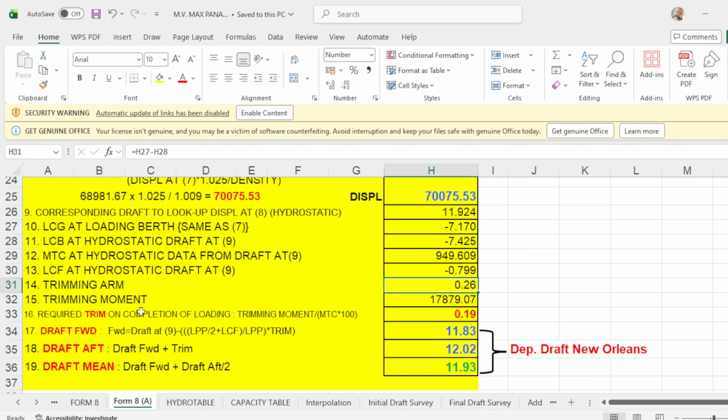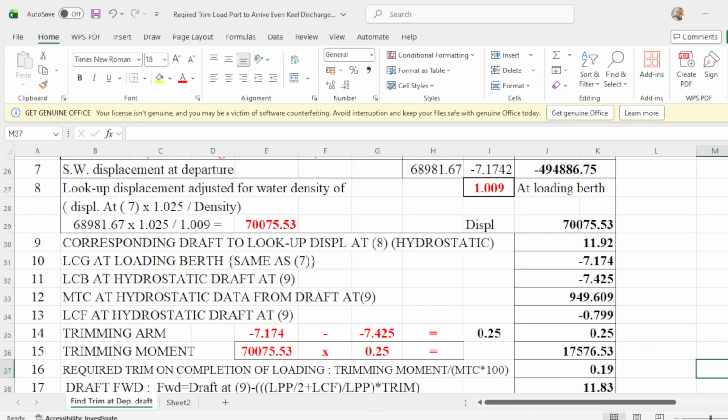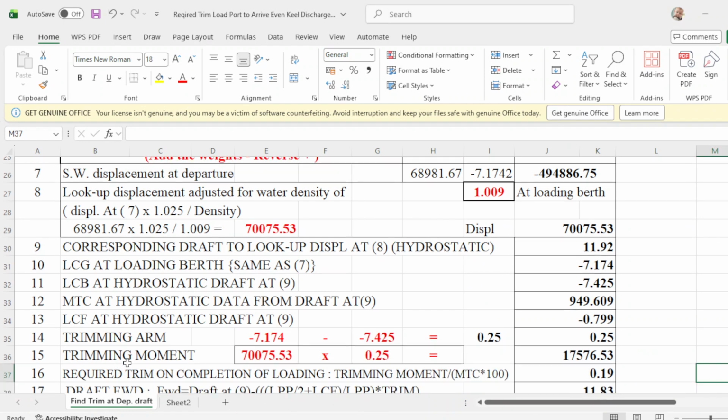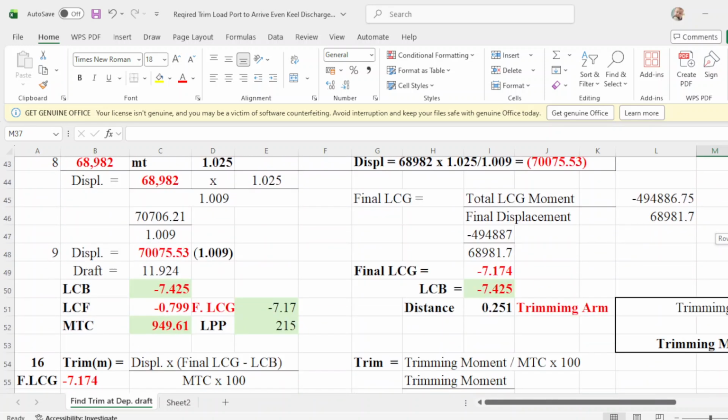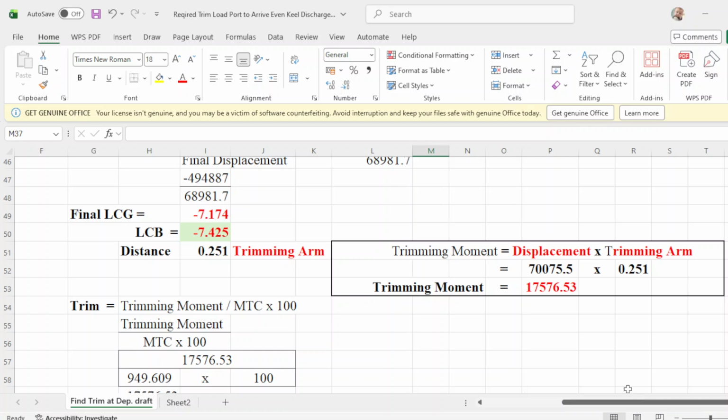And the trim, that is trimming moment. Okay, the manual computation is how to get the trimming moment. So this is your trimming arm of 0.251. Trimming moment is displacement times trimming arm.